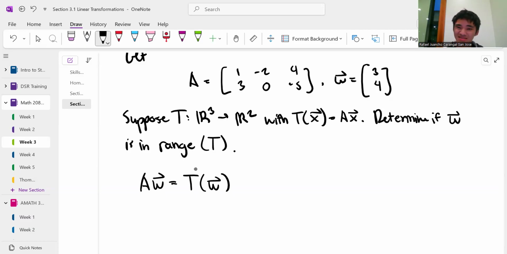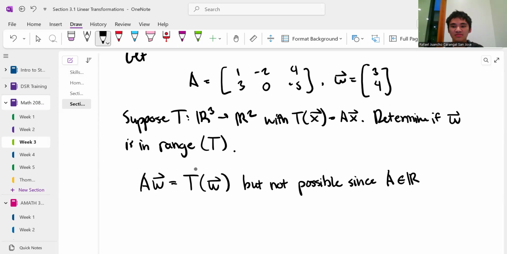But I think in this case, it's not possible because the number of columns here is not equal. Not possible since here we see that A is a 2 by 3 while W is a 2.